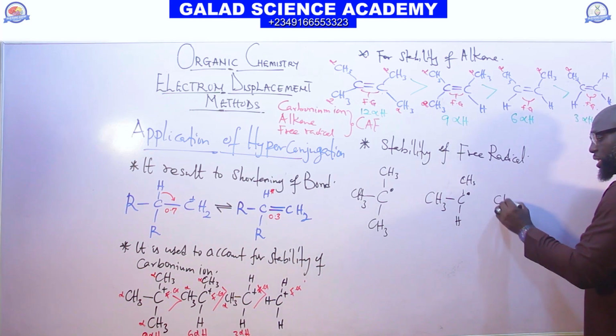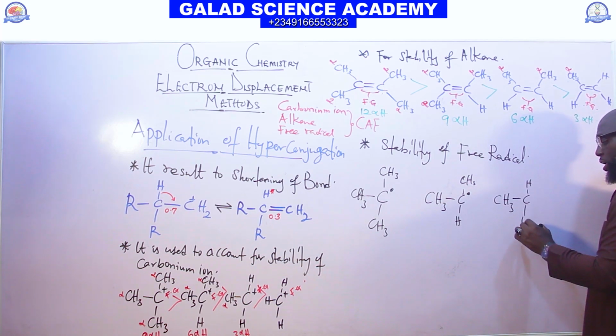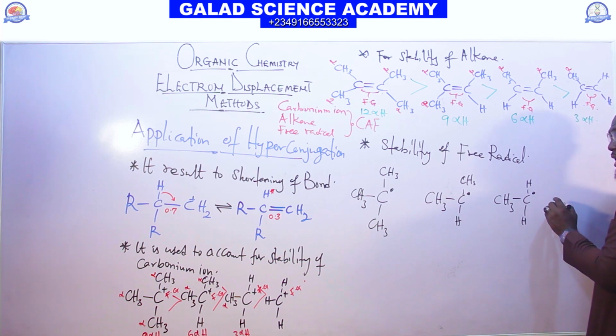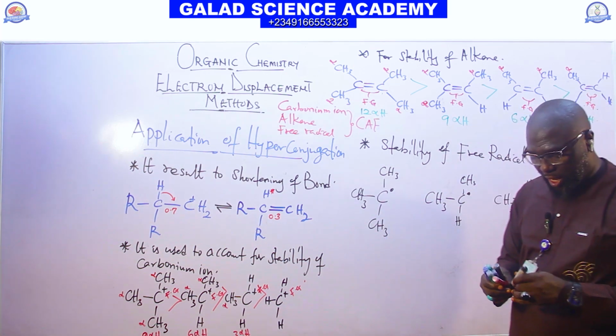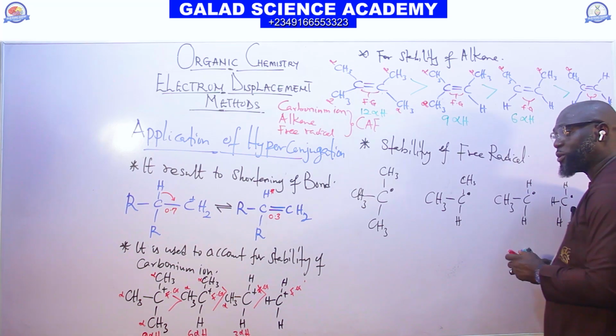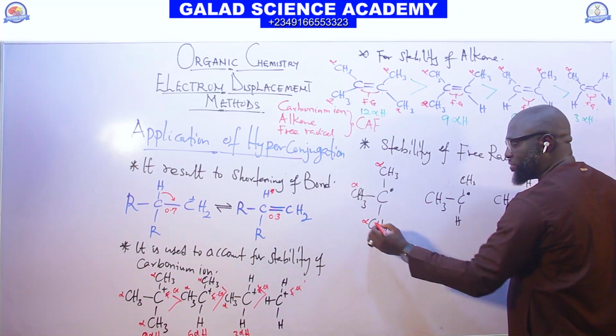If I'm having CH3, hydrogen radical, I'm having CH3, H, H radical. This is almost the same as what I explained here. So this one we also have 3 alpha carbons.